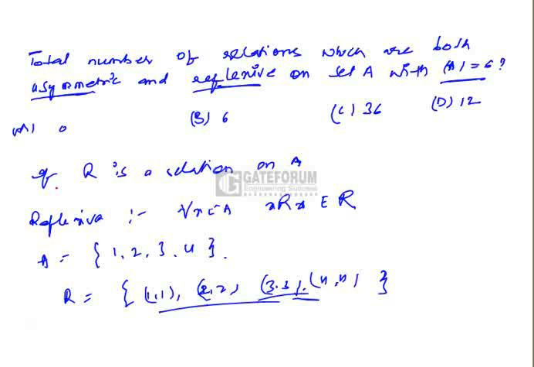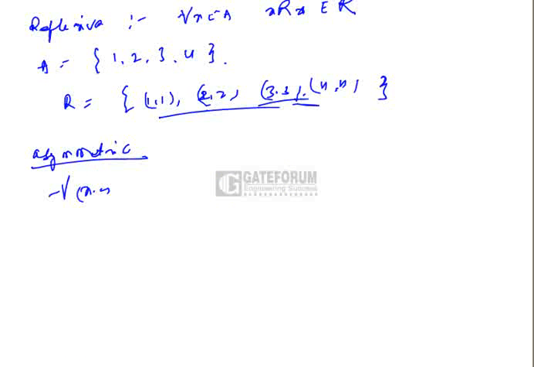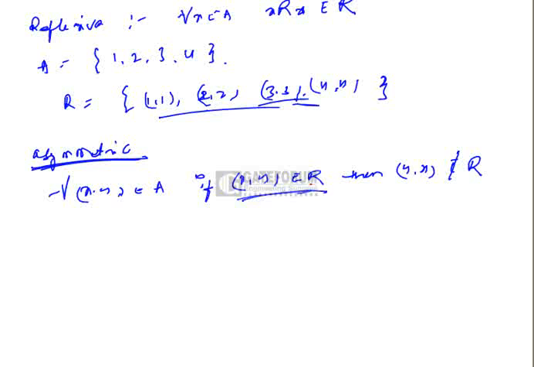Then we need to know what is an asymmetric relation. For all x, y belongs to A, if (x, y) belongs to R, then (y, x) should not belong to R. This is called an asymmetric relation.